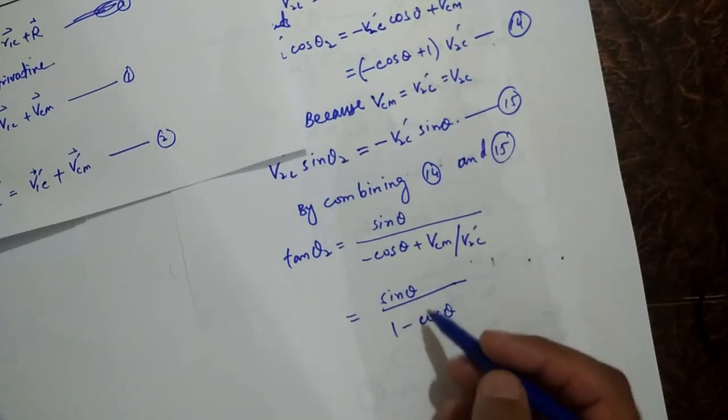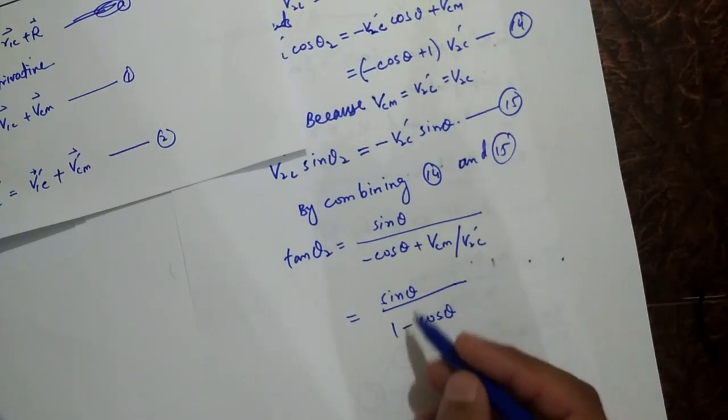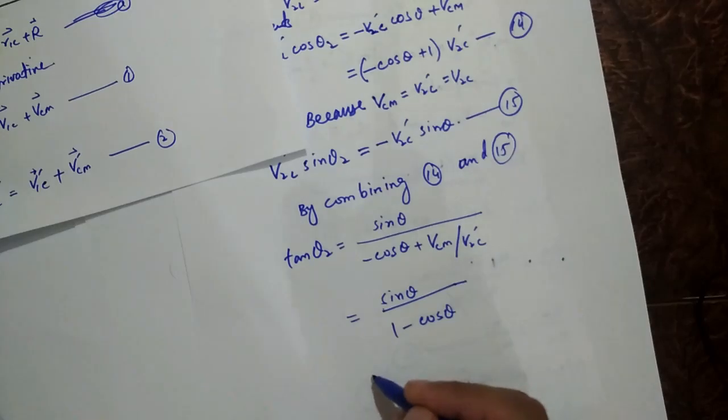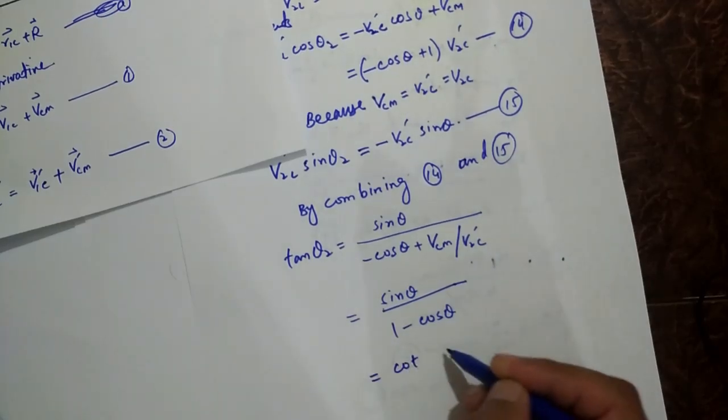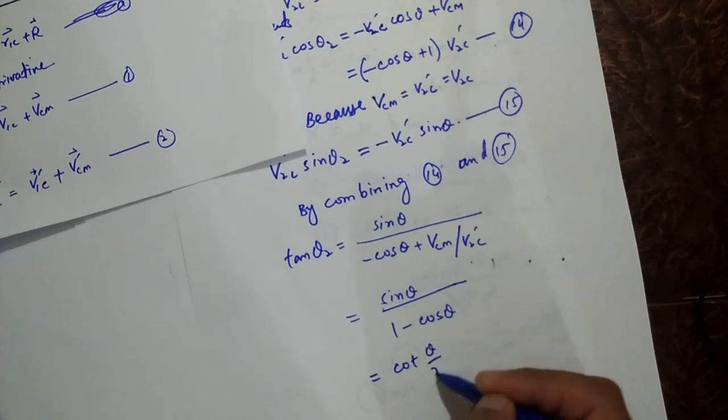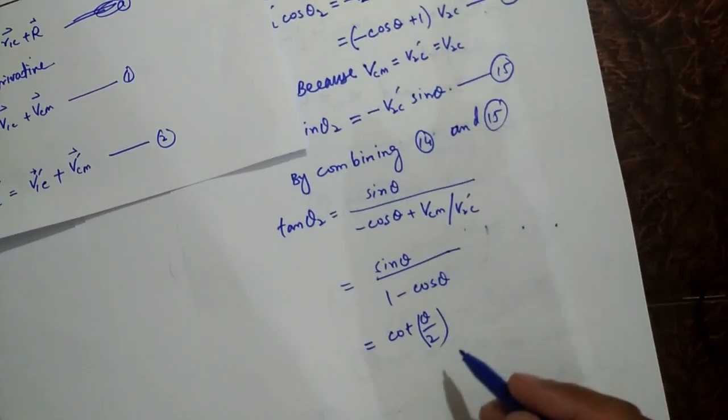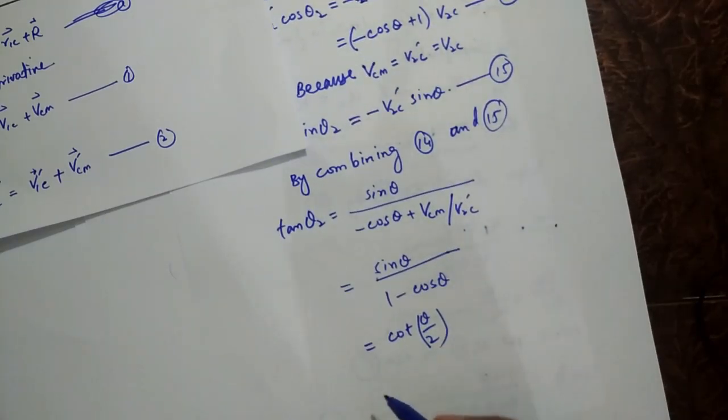And this one is now equal to cotangent theta upon 2.